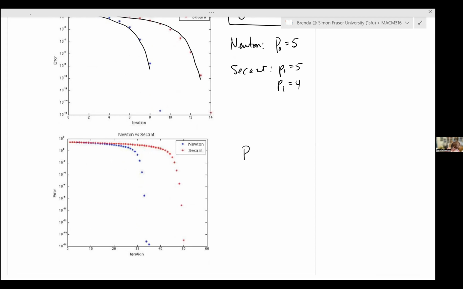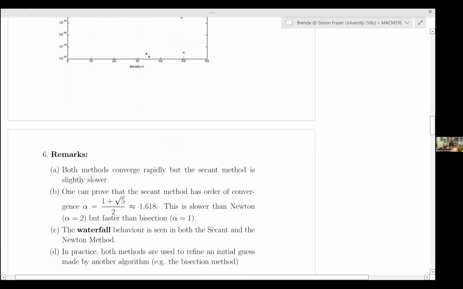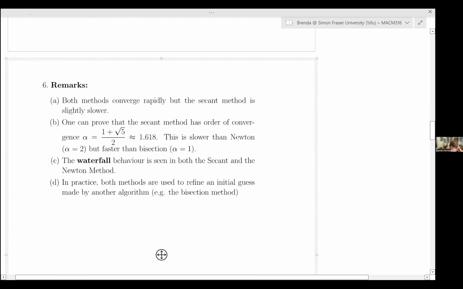This was where we start with the root. We start with our initial guess rather far away from the root. And this with P1 is 29. Okay, so secant is slower than the Newton method.